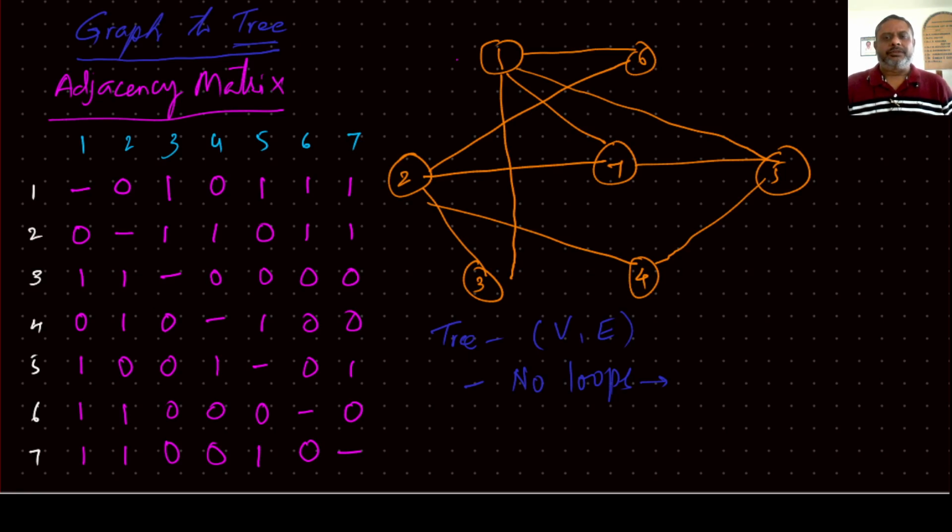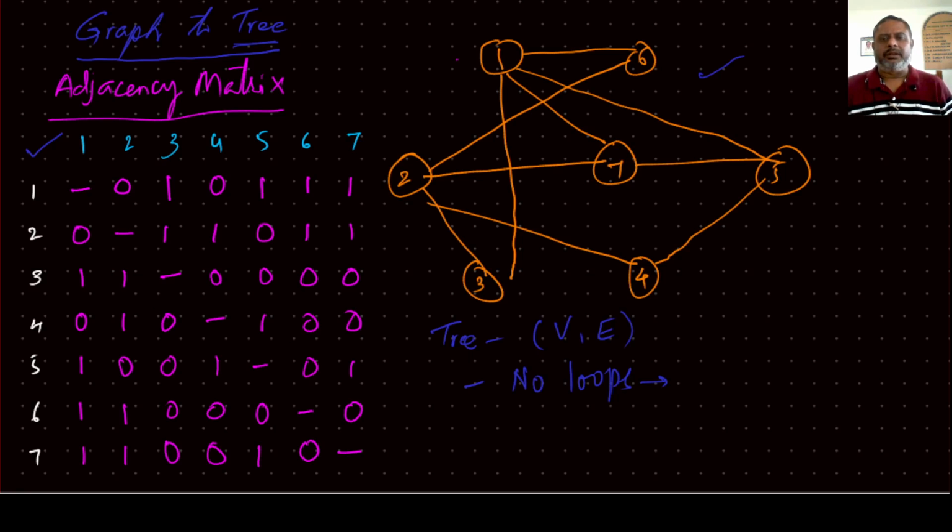Now the question is how to convert a graph into a tree. So graph can be represented as human friendly version in the form of a graphical way, or machine friendly version, which is adjacency matrix.